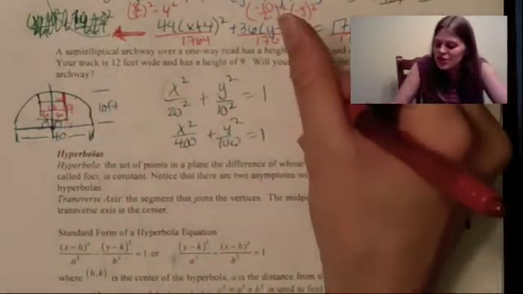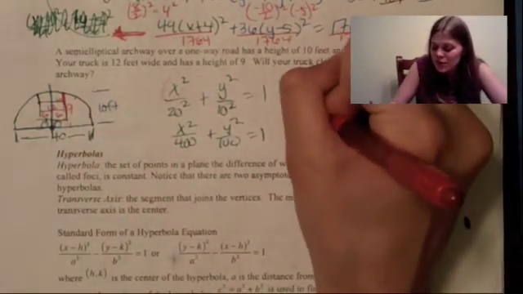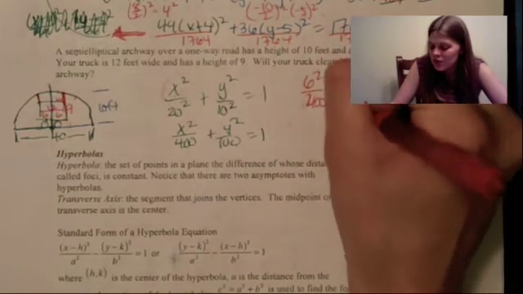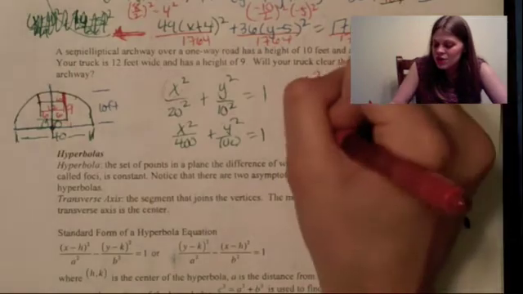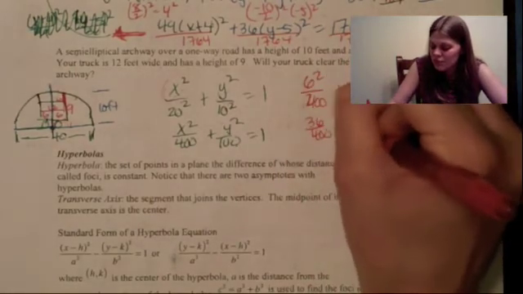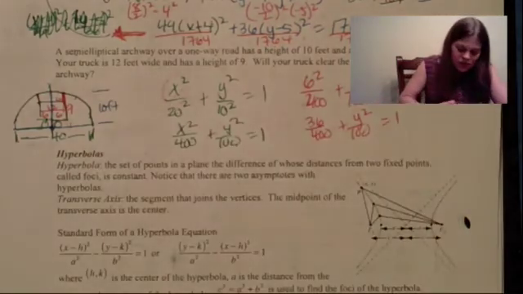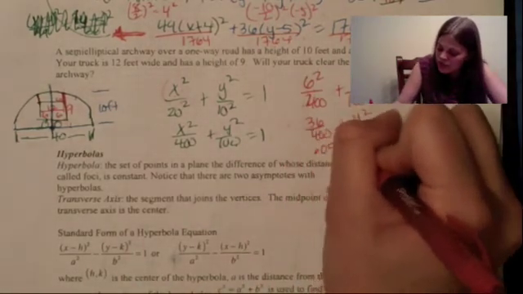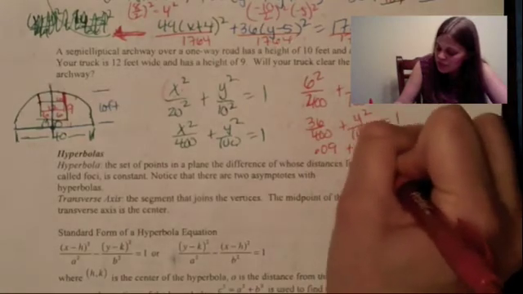So if I plug 6 in, I get 6 squared over 400 plus y squared over 100 equals 1. So this is 36 over 400 plus y squared over 100 equals 1. So if I do 36 divided by 400, that gives you 0.09 plus y squared over 100 equals 1.